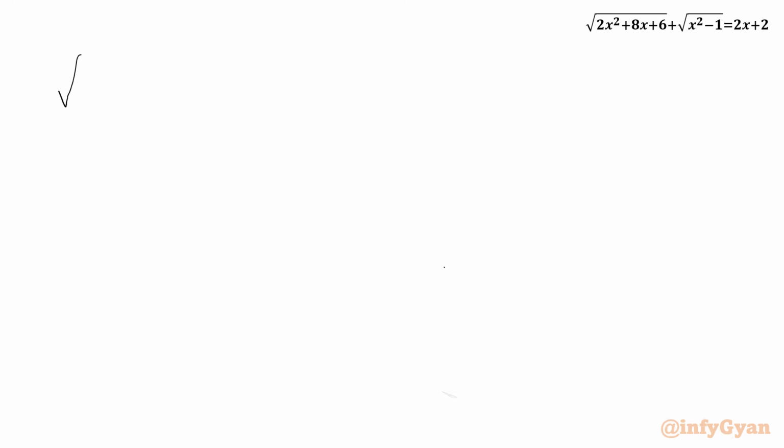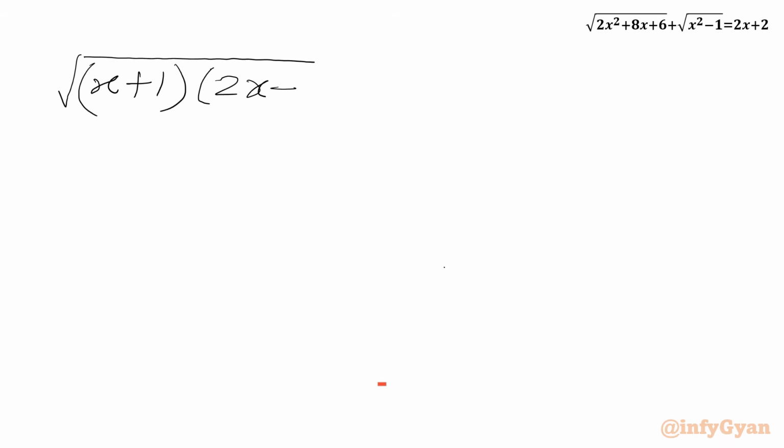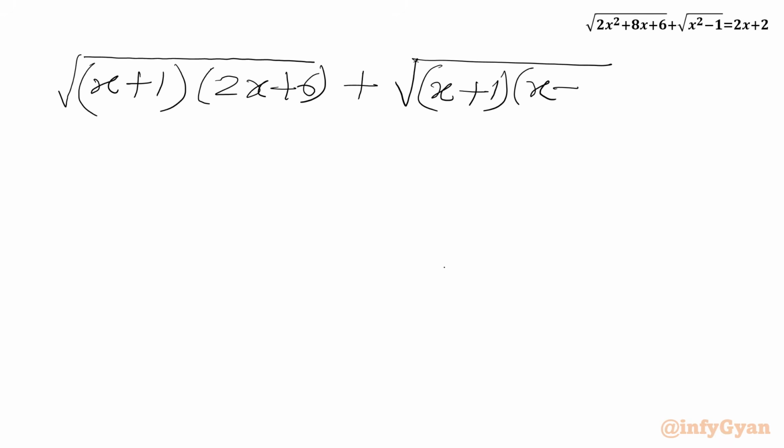Square root of x plus 1 times 2x plus 6 plus square root of x plus 1 times x minus 1 equal to 2 is common. In the bracket we'll write x plus 1.